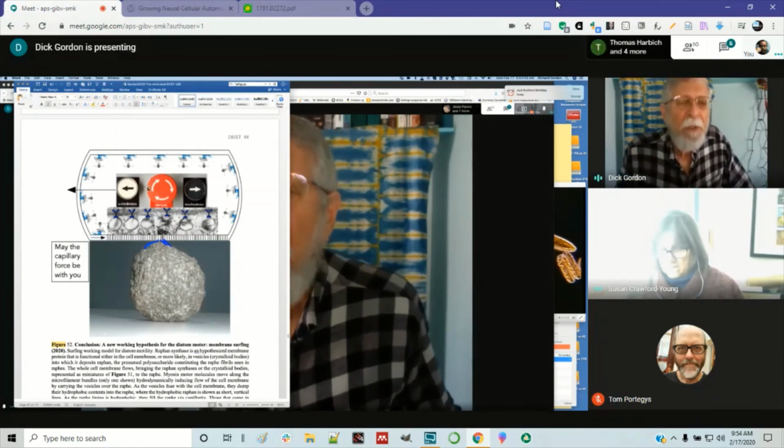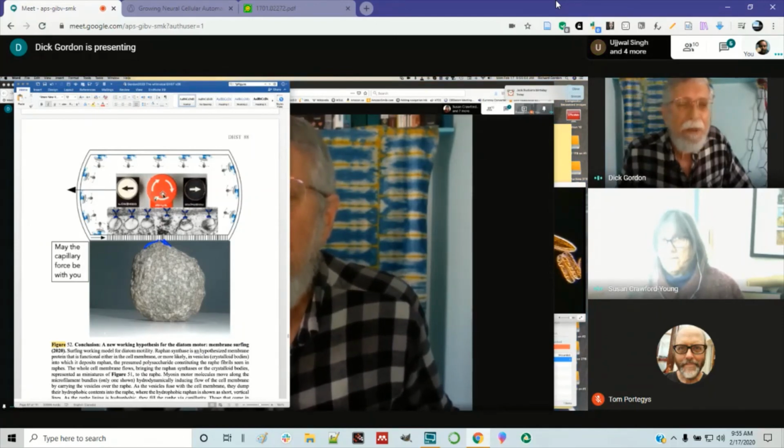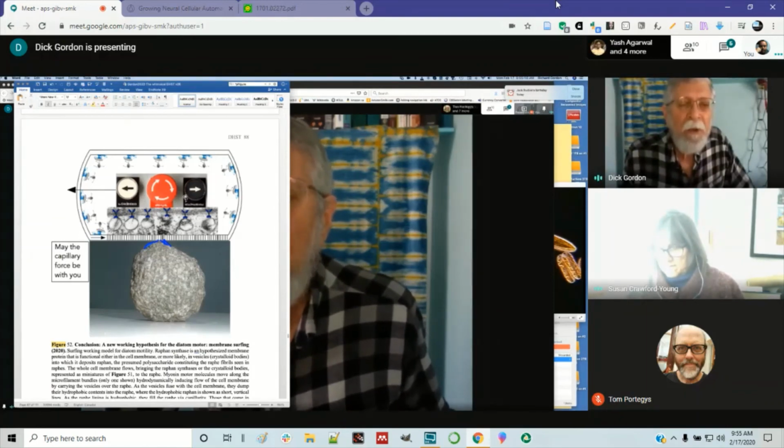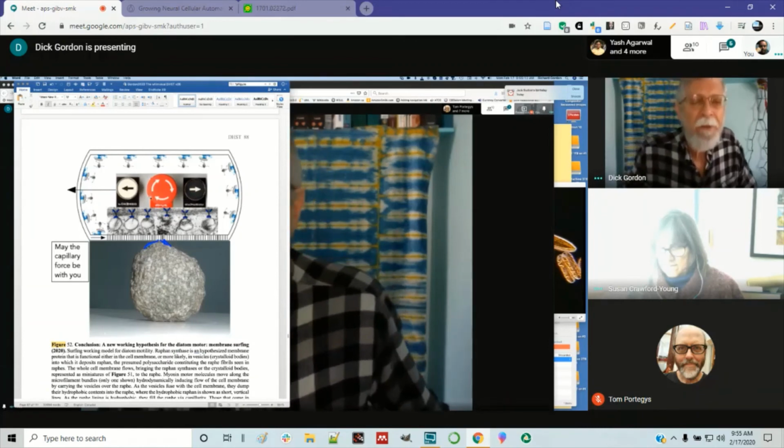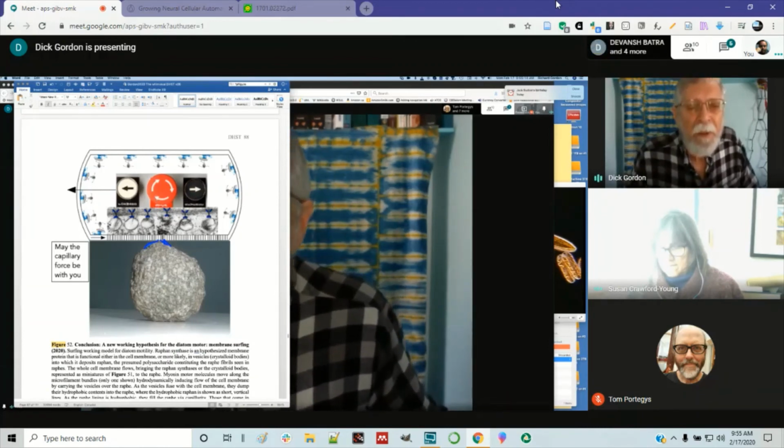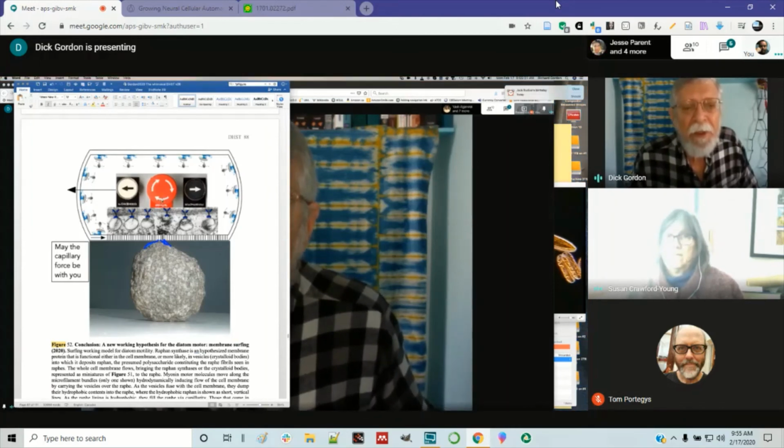So I put in this forward, stop, reverse switch here, indicating how the actin and the myosin may act in controlling the direction the thing goes. But this switch does not generate enough force to move the diatom.